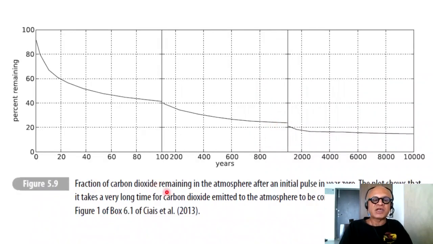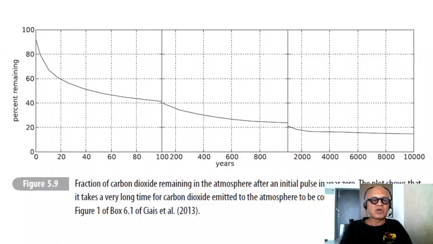Now again, looking at the fraction of carbon dioxide remaining in the atmosphere after an initial pulse in year 0. If we suddenly pump some amount of carbon dioxide into the atmosphere, the time scales at which the ocean and land take up the carbon dioxide and the atmosphere-land-ocean system equilibrates are very long.